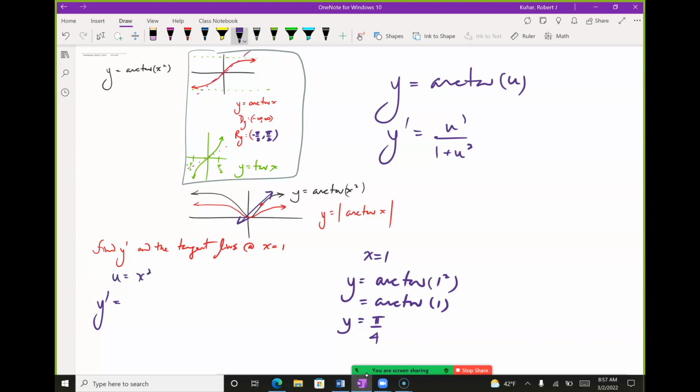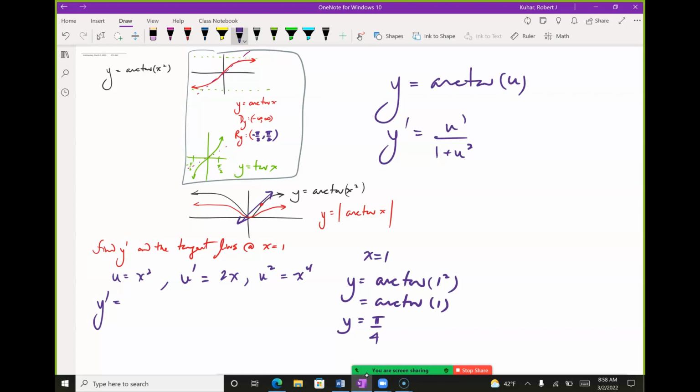It's x squared, right? What is u prime? 2x. And what is u squared? x to the 4th. Very good.